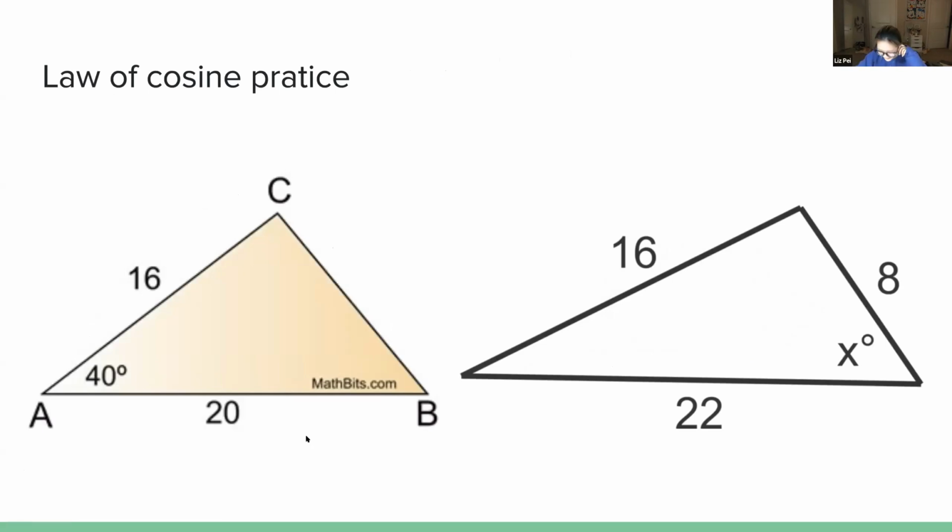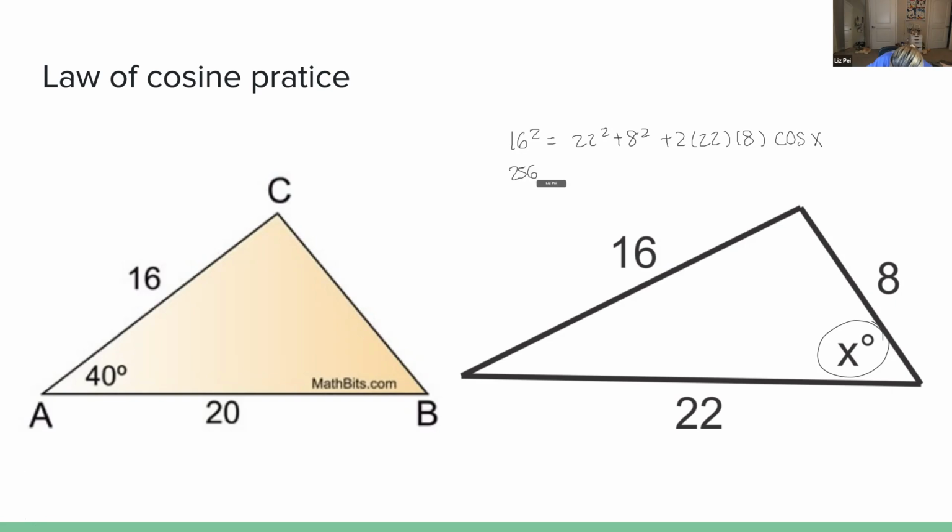Okay, here. Sorry. So for the second one, you see that we have all three side lengths, so we're looking for this angle. Our equation will be 16 squared equals 22 squared plus 8 squared minus 2 times 22 times 8 times cosine x, right? Then we can start putting in numbers.